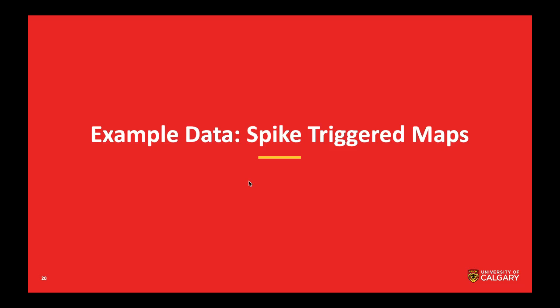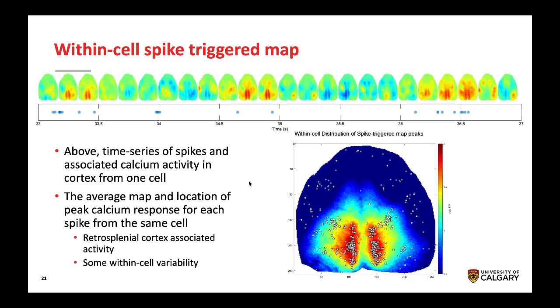Let's see how activity in this neuron looks when analyzed using spike-triggered maps. At top we can see a montage of activity and the associated spike-triggered maps. By inspection we can see that spikes are often occurring concurrently with retrosplenial cortex activity.